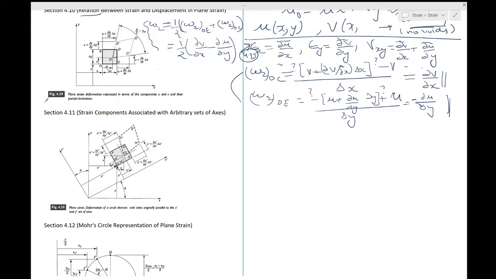Now you have considered the deformation of this element in 4.29 in the limit as the size of the element shrinks to 0. Thus, we consider the strain components to define the deformation at the point O. So this is the whole point.